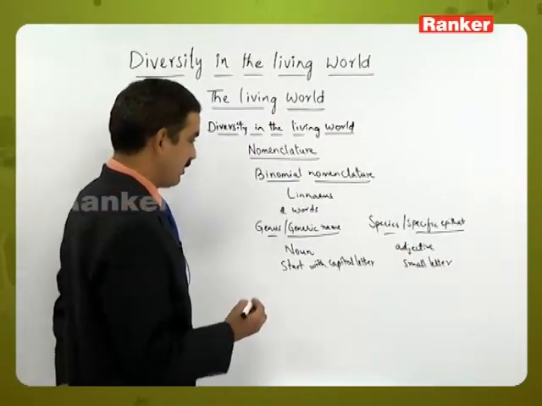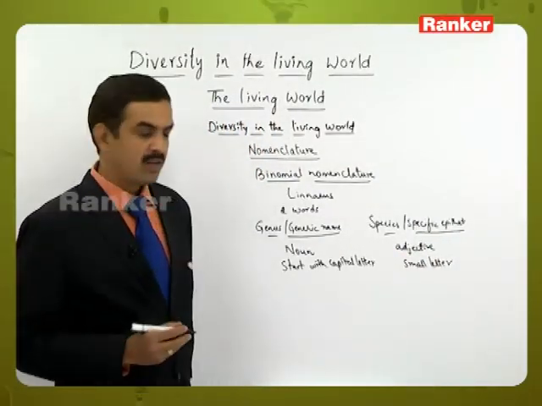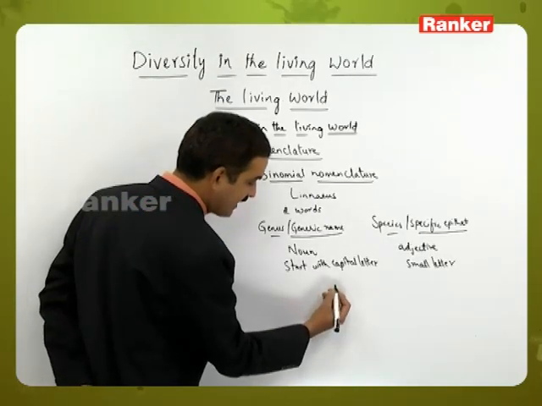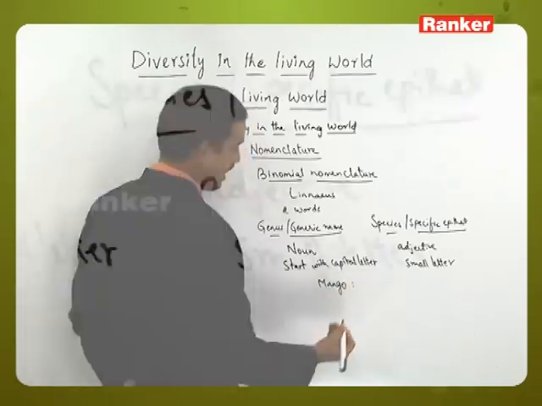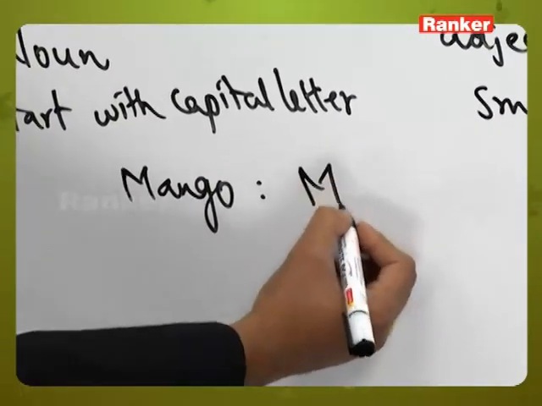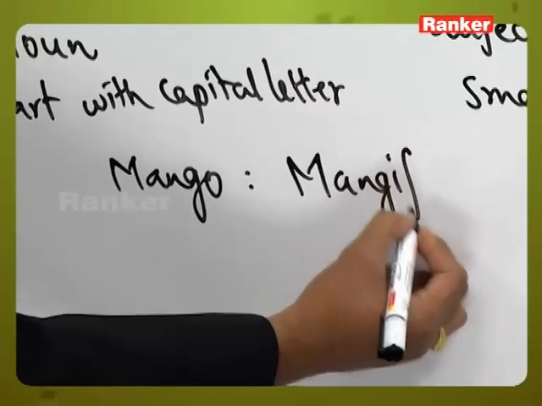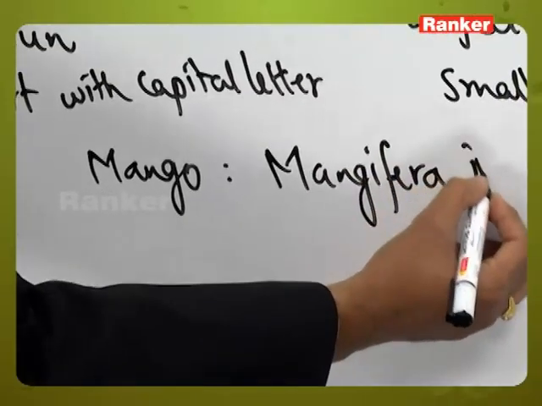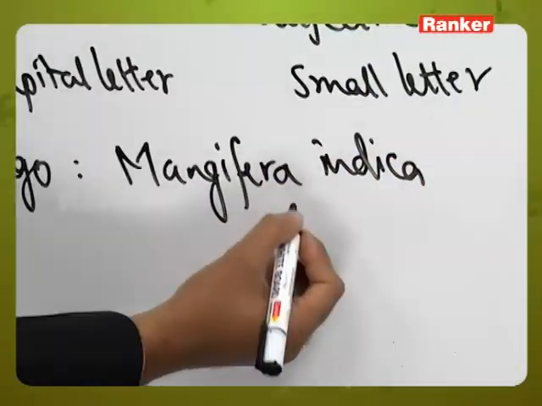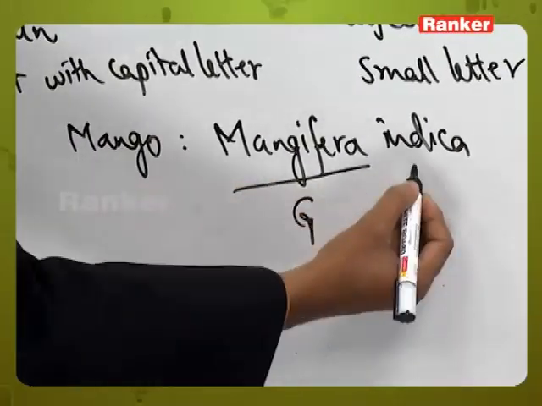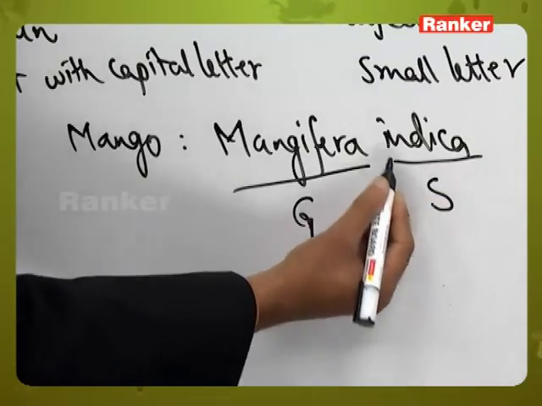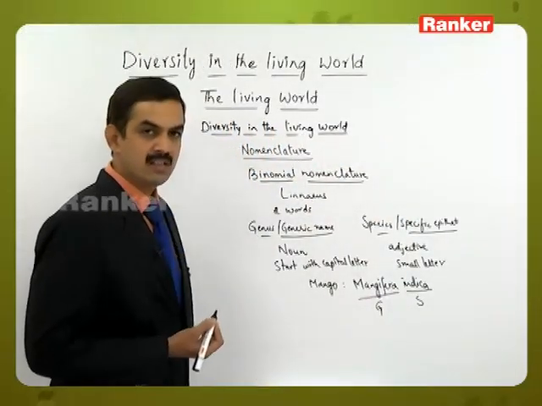Apart from this, when you are writing the name, let's take the example of mango. The genus and species name is Mangifera indica. In this, Mangifera is the genus, which starts with a capital M, whereas indica is the specific epithet, which starts with a small letter.